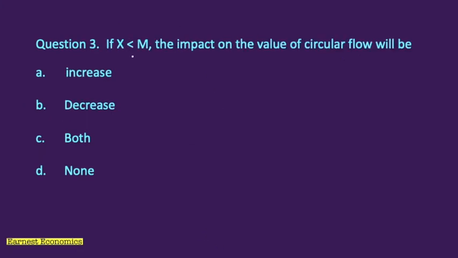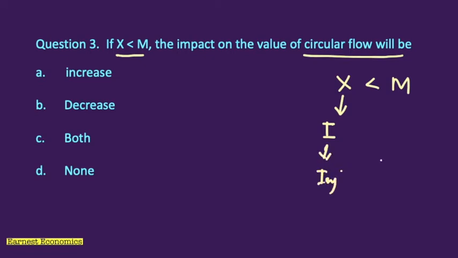Our third question is, if exports are less than imports, the impact on the value of circular flow of income will be. So how will it impact the value of circular flow if exports are less than imports? So in this case our imports are more. Now we know exports are equal to inflow, which is equal to injection to an economy, and imports means outflow of our funds, which serves as withdrawal.